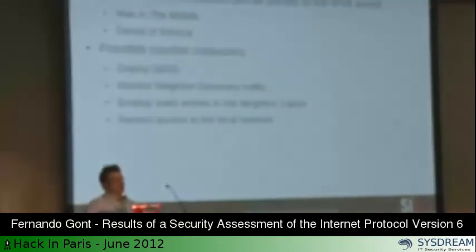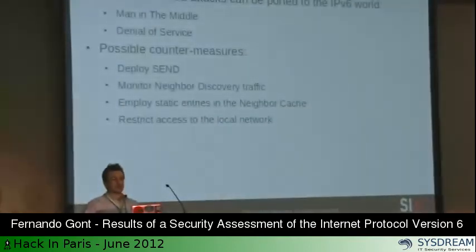So what are the possible vulnerabilities and the corresponding countermeasures for them? Well, it's essentially the same as you have in the IPv4 case. So you could spoof neighbor solicitations and neighbor advertisements, so you can essentially perform man-in-the-middle or denial of service attacks. And there are a number of possible countermeasures that you can deploy in the case of IPv6.